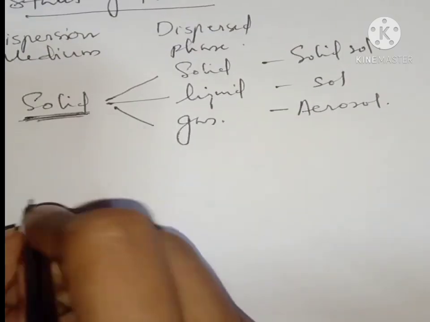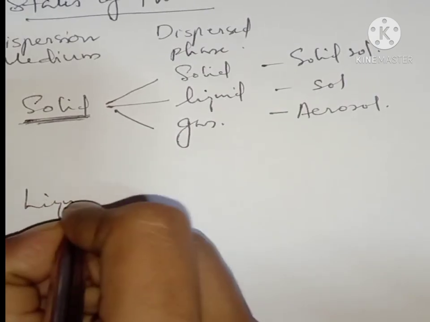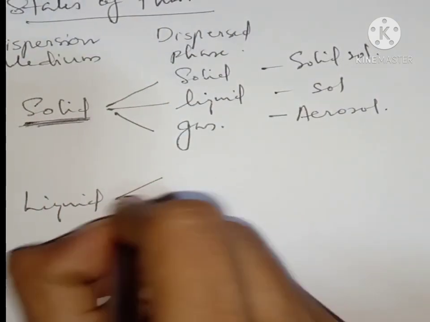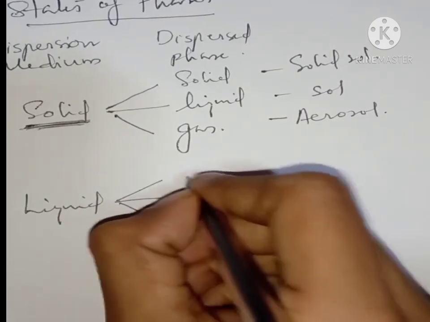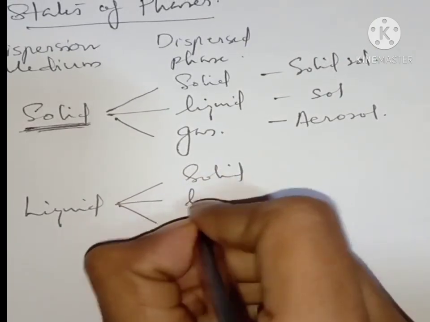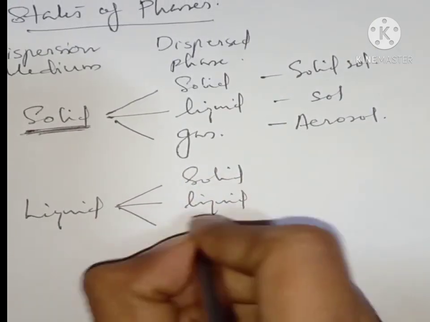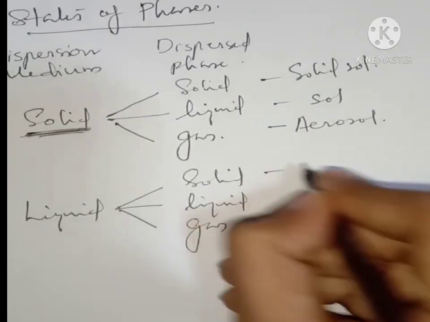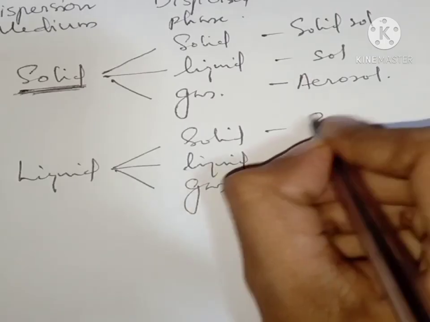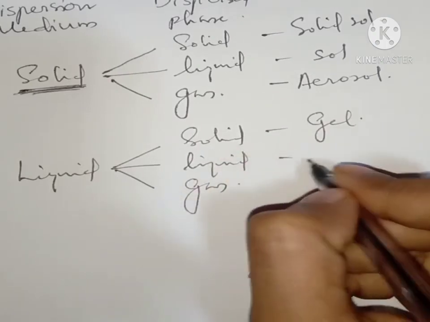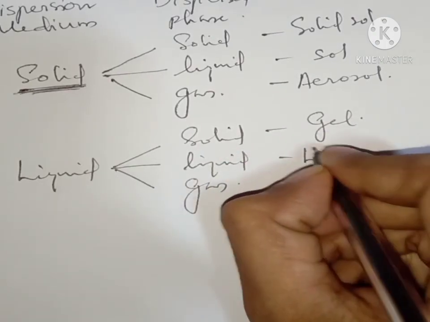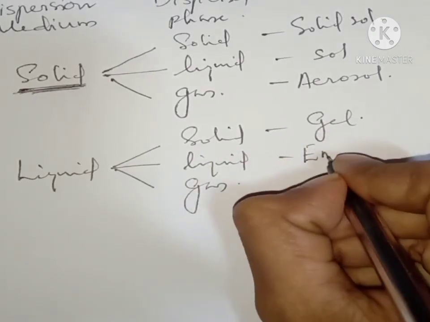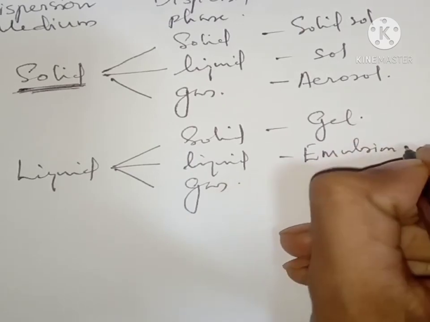Then, next one, the dispersion medium can be a liquid. Three possibilities are there. The dispersed phase can be solid, liquid or gas. If it is solid, then sol, liquid, then it is emulsion.